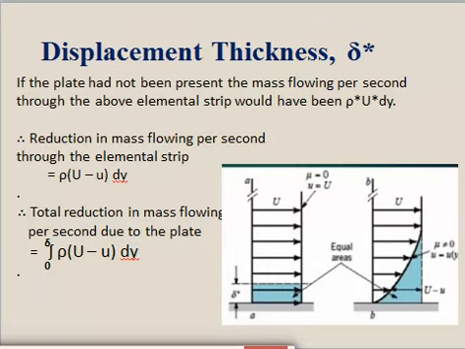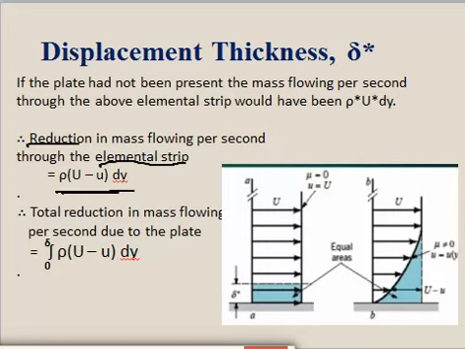So the reduction in mass flow rate will be the mass flow rate due to absence minus the mass flow rate due to presence of the plate. So it will be rho into capital U minus small u into dy. Now this much is the reduction of mass flow rate which is taking place only through a small strip.